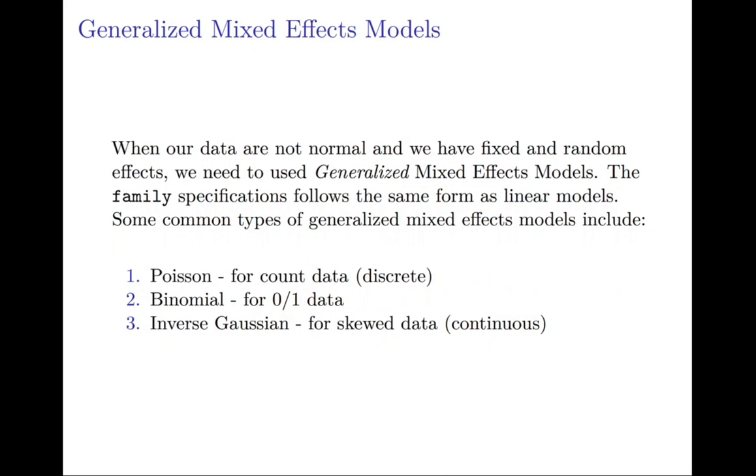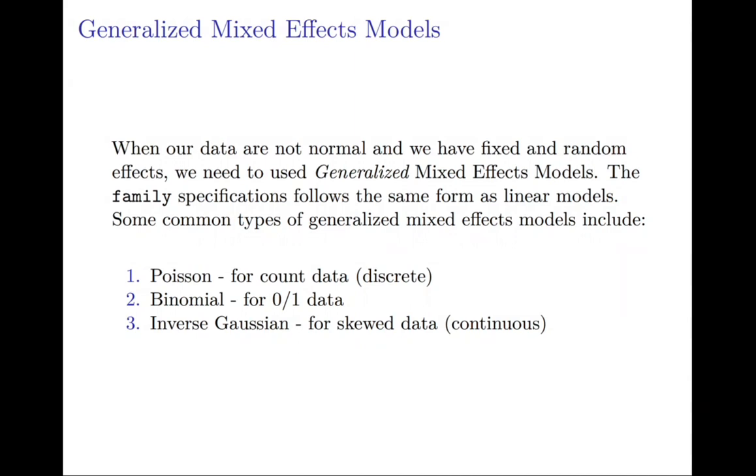When our data are not normal and we have fixed and random effects, we need to use generalized mixed effects models. Similar to linear models, when you have non-normal data, you need to use these generalized models to account for different distributions of your data. Again, we use the family specification and it follows the same forms and options as linear models.